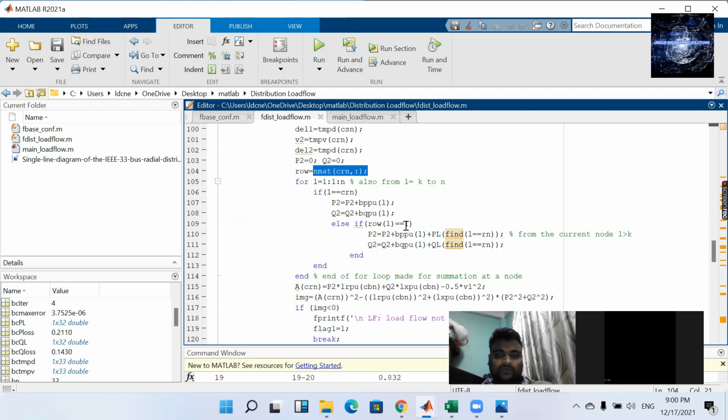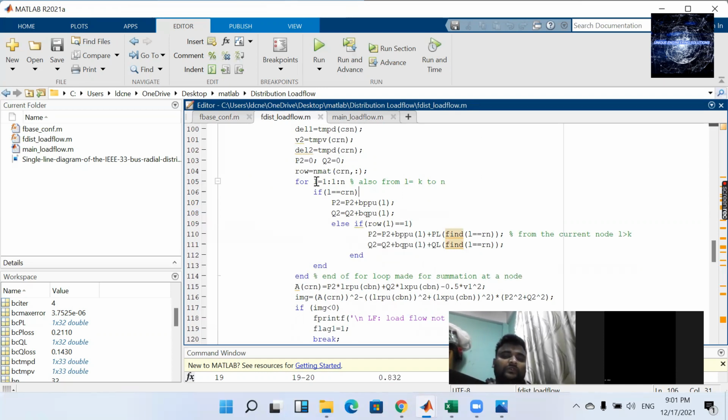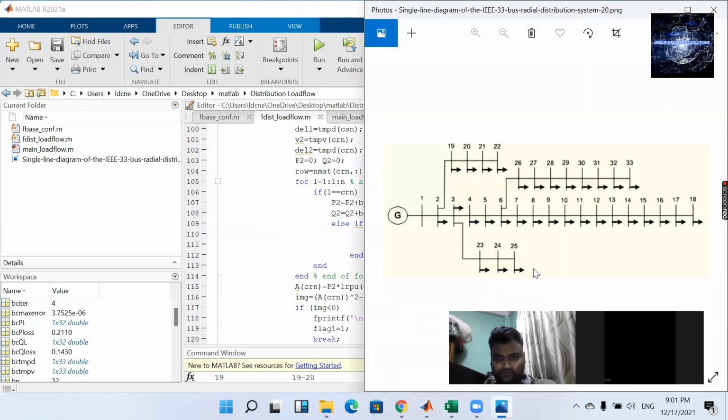If ROW1 equals 1, what do you mean by this code? Here L is running from 1 to N node, the total number of nodes. If L equals CRN, that is, the current node, we are calculating the power summation. Let's suppose we are calculating the power summation for bus number 23.